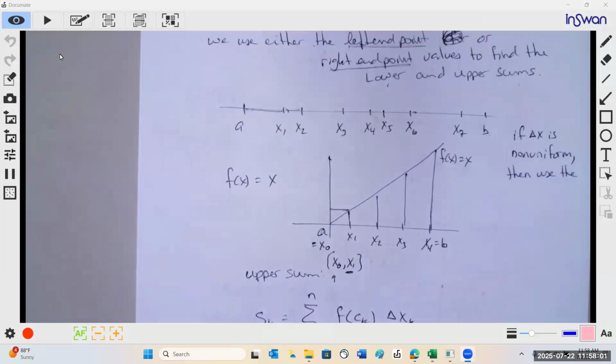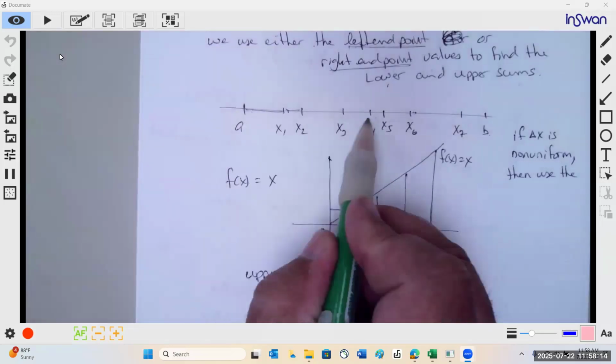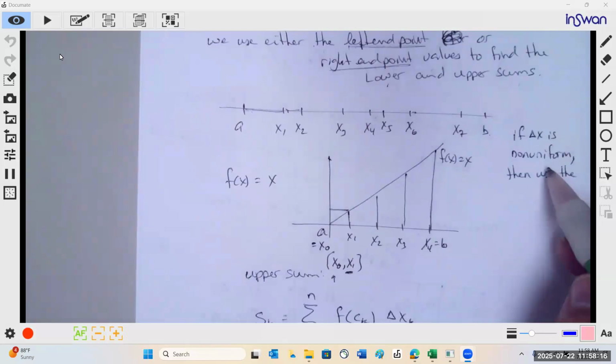Now you never think about the pros and cons. Which delta x would you use? Because if all your delta x's were different sizes, which delta x would you use for your formula?